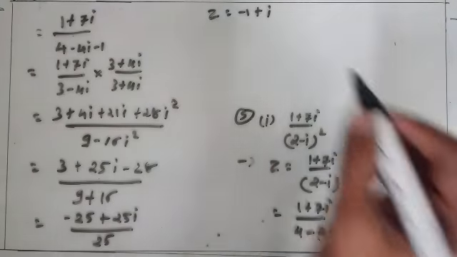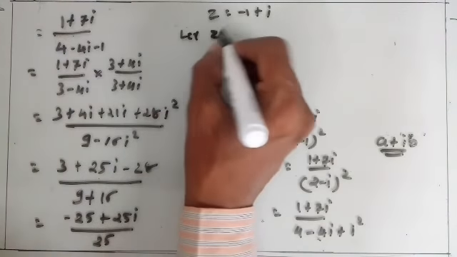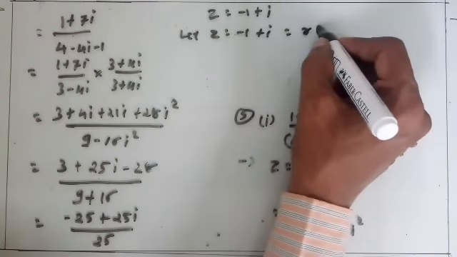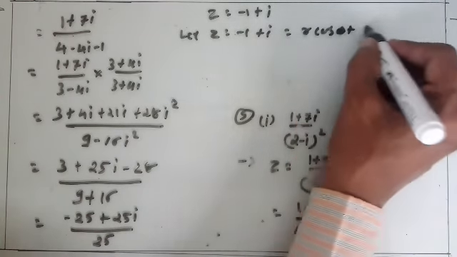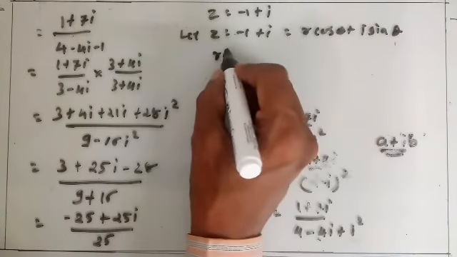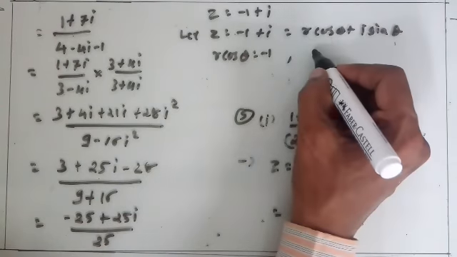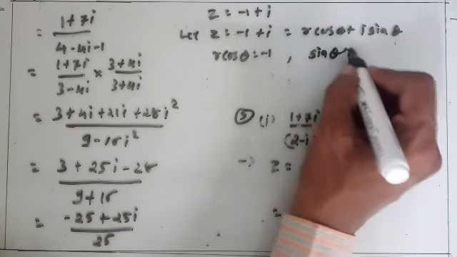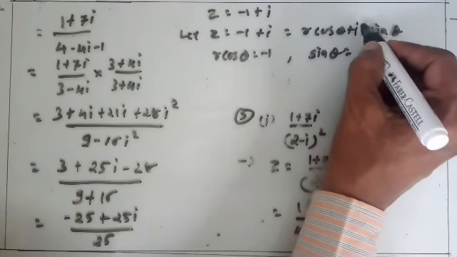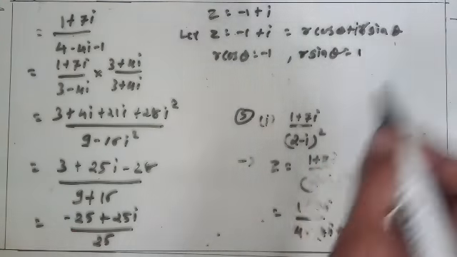Okay, to change into polar form, compare the given complex number with the polar form r cos theta plus i sin theta. So r cos theta is equal to minus 1 and r sin theta is equal to 1.